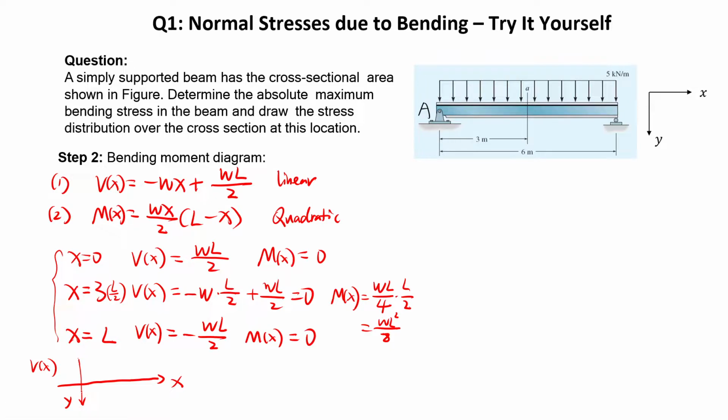If x is equal to 0, y essentially is Vx, which is positive, so it's something like that, and it passes through zero when x is half L, and when it is equal to L, that gives us a minus omega L over 2. So that gives us a linear equation for this case.